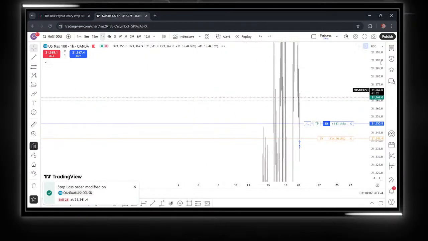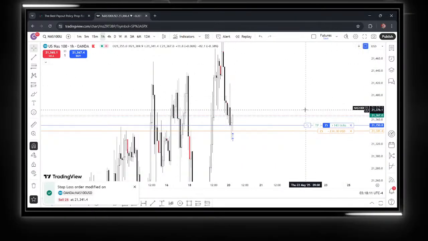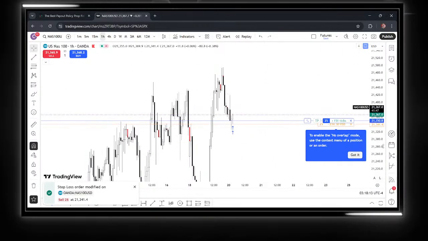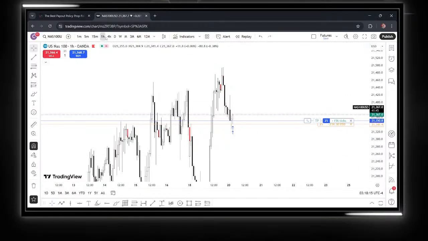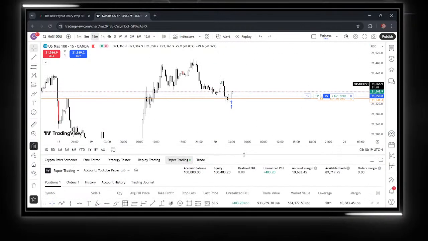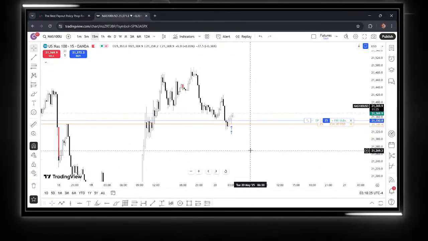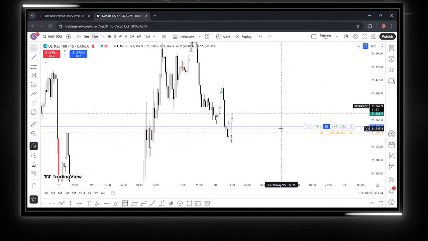So try to analyze and actually talk about the objective of this trade. Why this trade, right? This is just a test account. So what is our objective here?